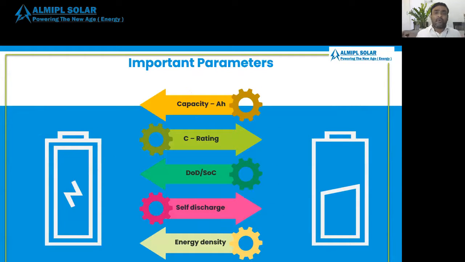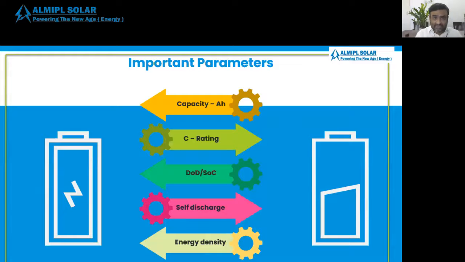Important parameters of the batteries: AH. AH is the battery capacity. It is the measurement of the storing and discharging of electricity. We calculate battery capacity in AH.